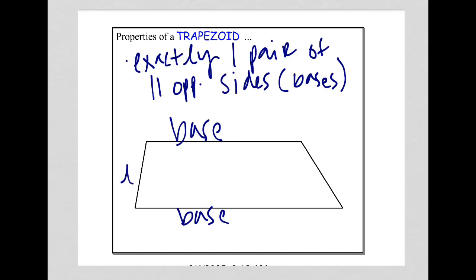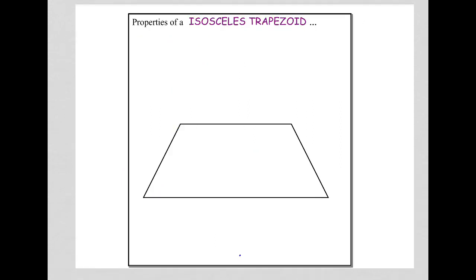These other two sides are called legs of our trapezoid. So exactly one pair of parallel opposite sides. We're talking about our bases here, so we can mark them as parallel using those two little arrowheads.